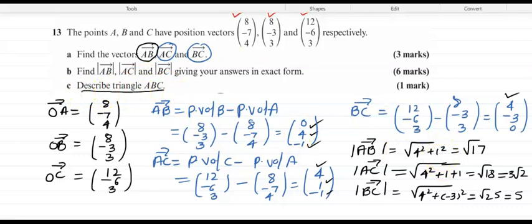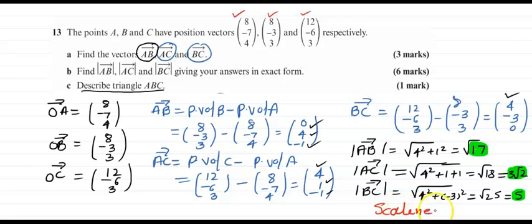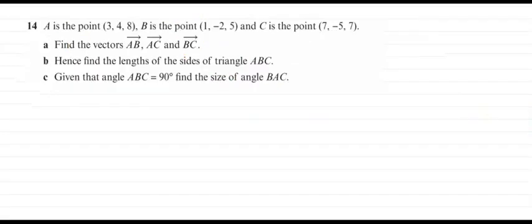If you have a look closely, all these sides are different. They are not equal. So they form a triangle where none of the sides are equal. So it is scalene. Okay. Scalene triangle.